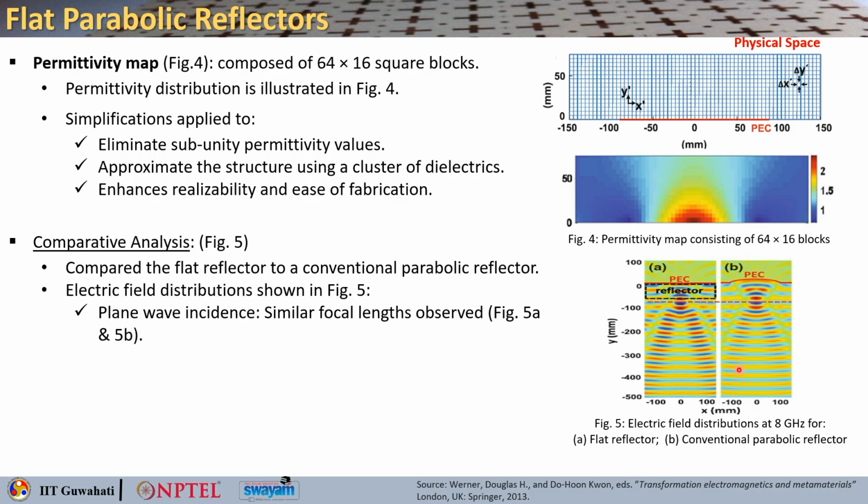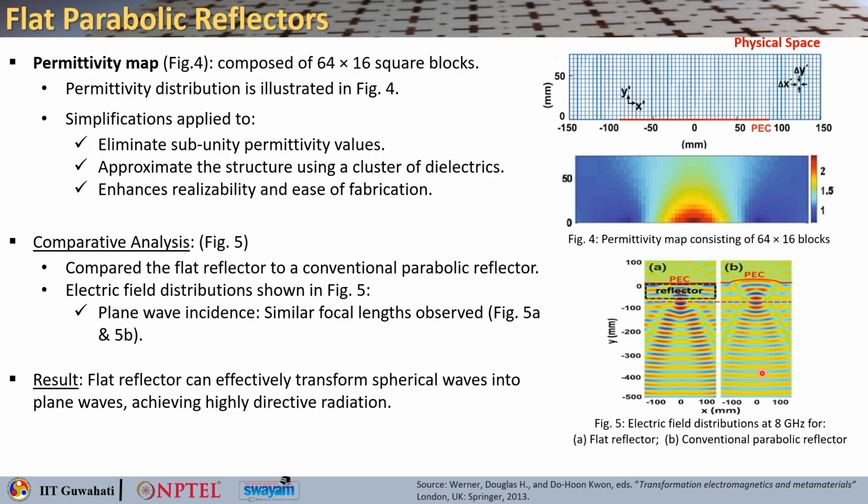If you compare the performance of this with the conventional parabolic reflector, shown in this particular figure, this is the electric field distribution plot at 8 gigahertz for the flat reflector and the conventional parabolic reflector. You will see that you have kept plane wave incidence for similar focal length, and the performance is very identical.